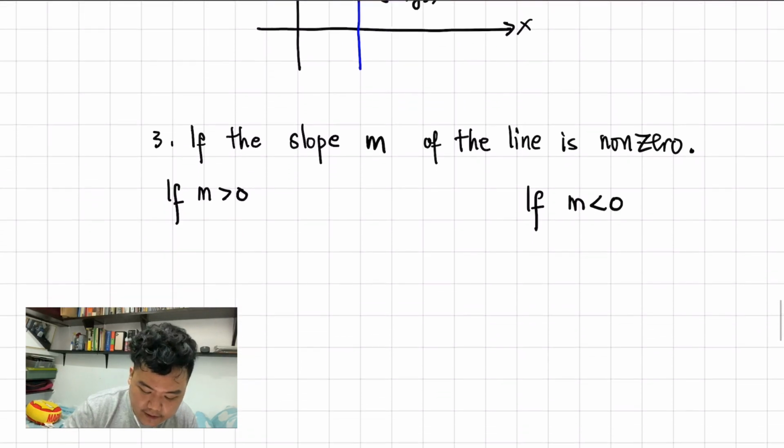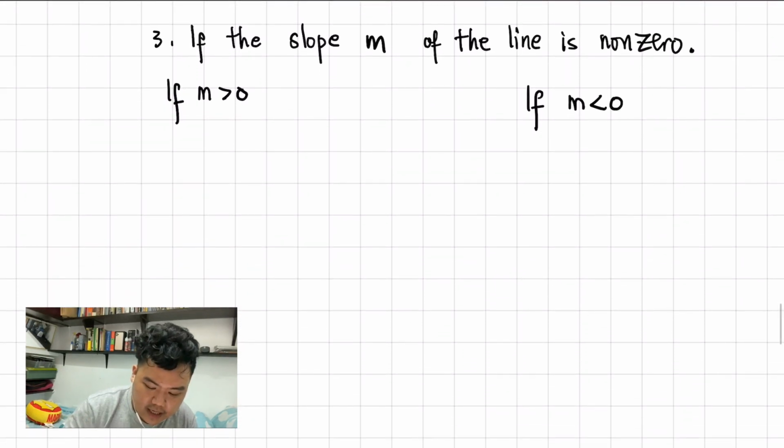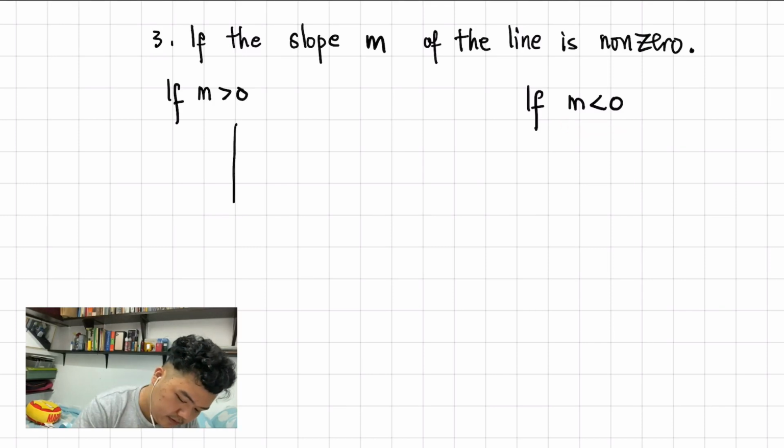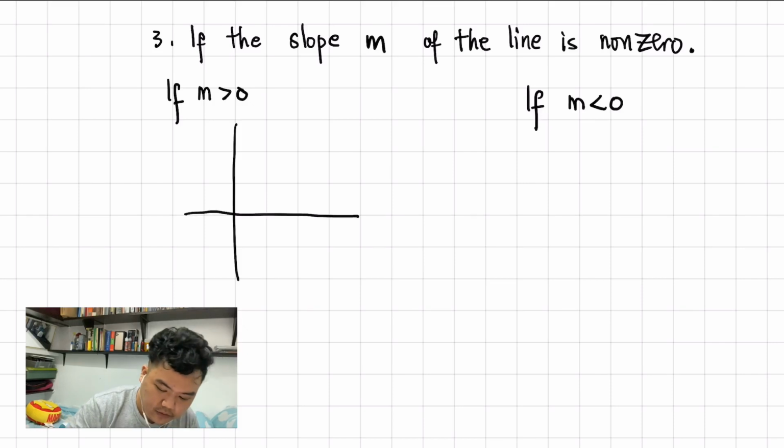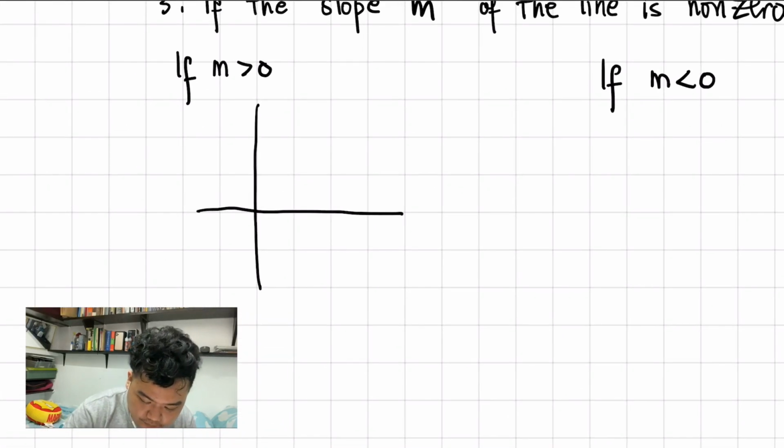And finally, the last case, if the slope of the line is non-zero. We have two cases, if the slope is positive and if the slope is negative. So m greater than 0 means m is positive. m less than 0 means m is negative. So your line looks something like this.